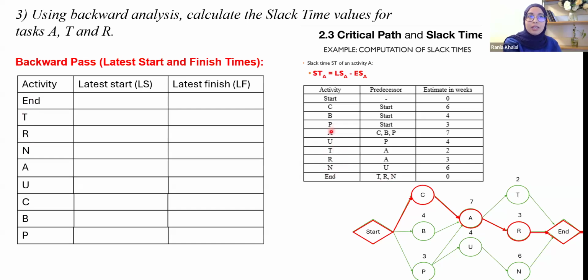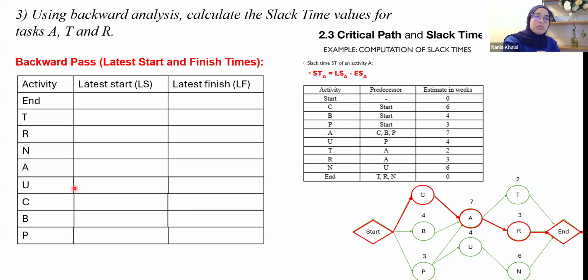We have A, then U, then we have C, B, and P, okay? This order I'm mentioning is just to help you reason in the right way, okay? But feel free to write it; it's better to apply this, okay?